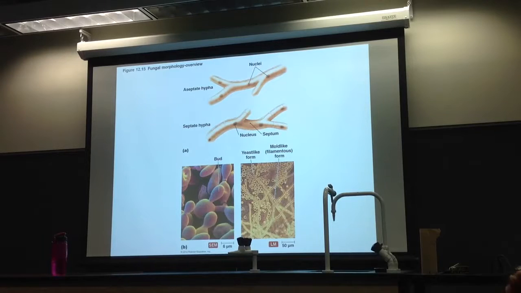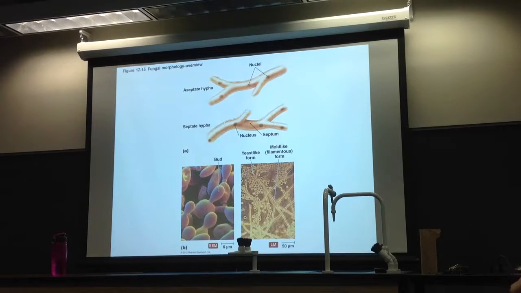Now these hyphae can come in two forms, aseptate or septate. Septate hyphae means you have cross walls in the hyphae. You're separating the hyphae into individual cells. These cross walls are called septa.